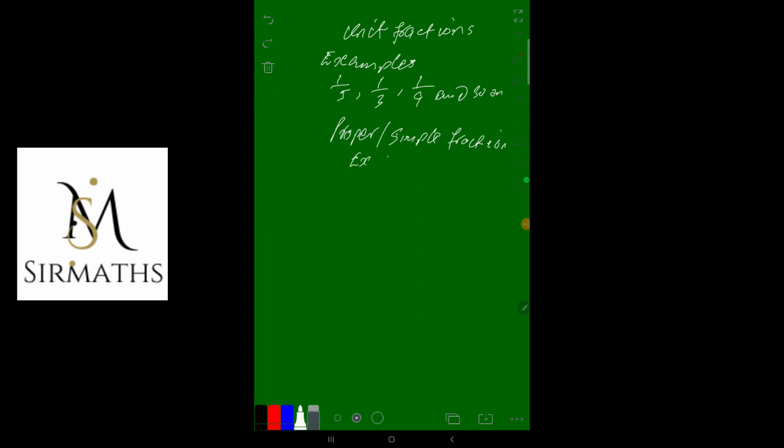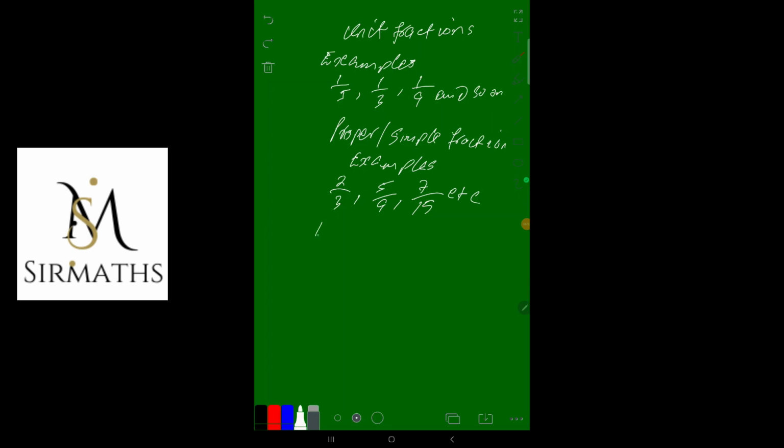Example of this: we have 2/3, 5/9, 7/15, etc. These are proper fractions, which some of us call simple fraction. The numerator is less than the denominator.